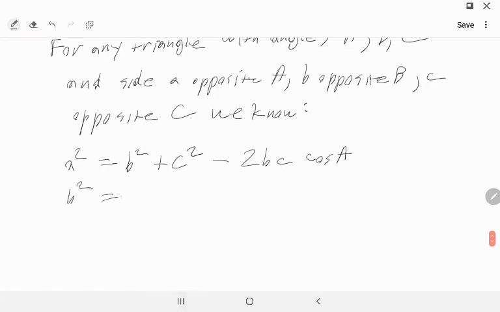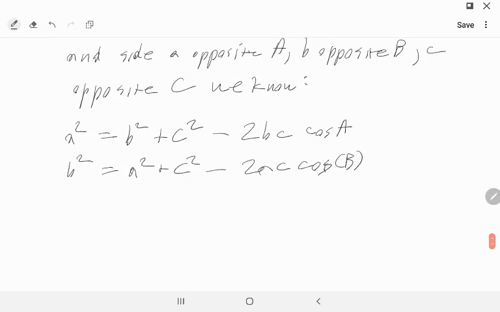And similarly, b squared equals a squared plus c squared minus 2ac cosine of capital B, and c squared has to equal a squared plus b squared minus 2ab cosine of C. And so it turns out this law of cosines actually ends up being a more general case for Pythagorean theorem.